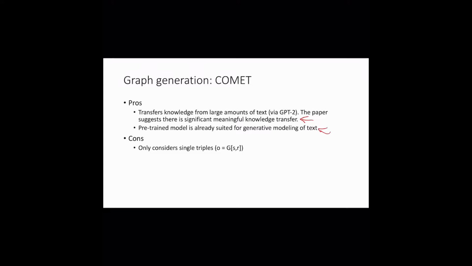However, unlike NetGAN, in this paper they only consider single tuples or triples. So the function they learn really only has one time step. If we look at this G as a generator function, it can only produce results for one time step where it's given one subject, one relation, and produces one object.